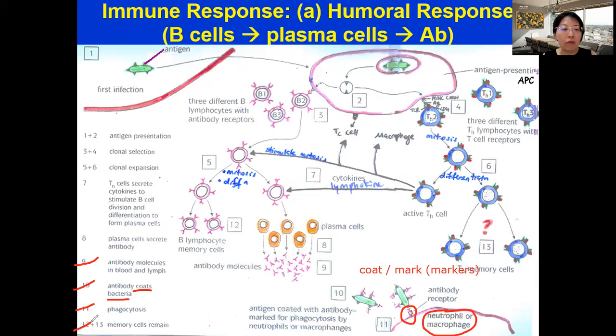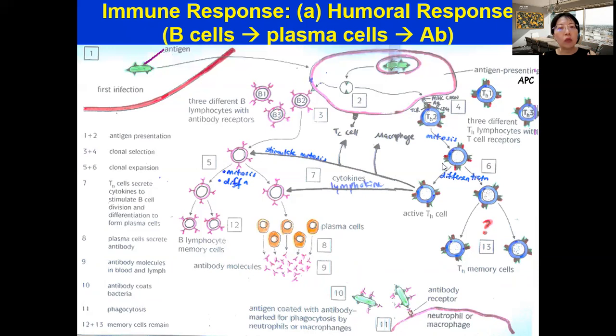And then whatever remains will be our memory cells, which include memory cells of our T cells, T memory cells, and B memory cells. Okay, so this is a full description of the sequence of events that occur during primary immune response.